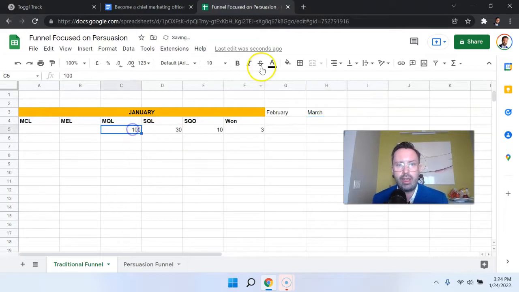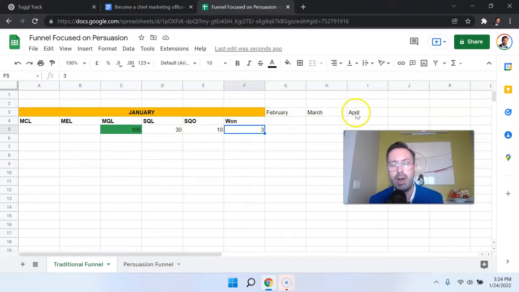So these 100 MQLs might be generating SQLs in March. They could be generating SQLs in April. So just because you generated these marketing qualified leads this month doesn't mean that they're converting to the next stage in that same month. In fact, it's highly likely that they're going to convert to won customers months later.